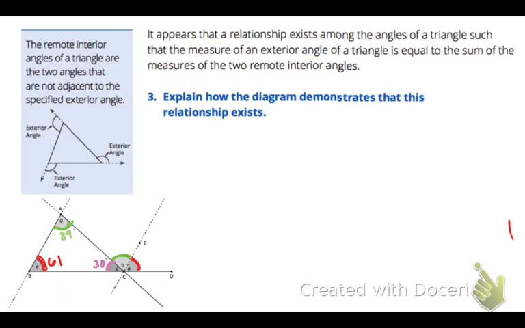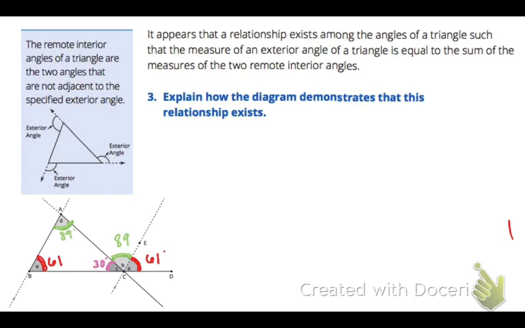Then that obviously means that if D is 89 degrees, then so is B. And if E is 61 degrees, then so is A. Obviously, angle C is 30 because it's 30 already and it's angle C.